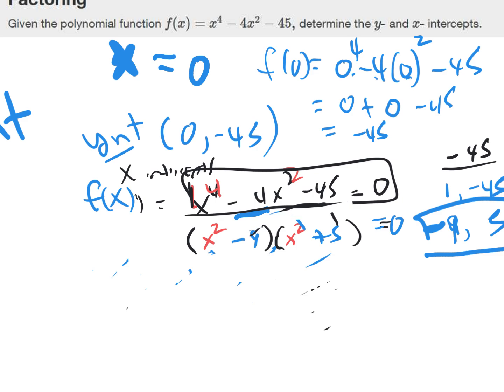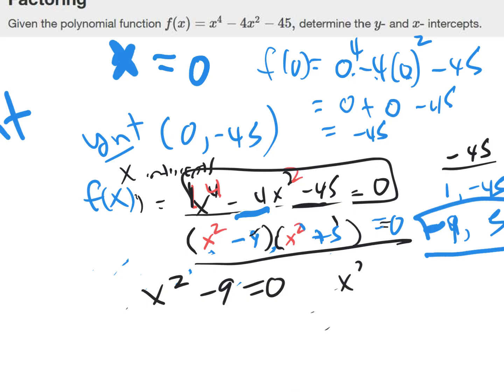Let me get rid of everything. All right, good enough. So anyway, what do I do with this thing? Well, if it's all equal to 0, then x squared minus 9 could be 0, and x squared plus 5 could be 0.